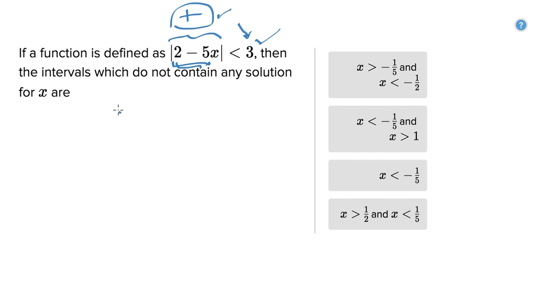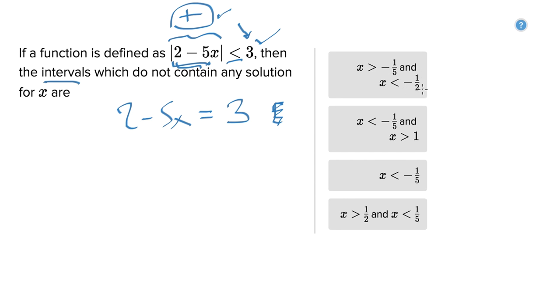So we can think of 2 minus 5x equaling 3 and negative 3 as us finding the parameters of where x can actually exist. That way we know what the interval of x is. So if it did evaluate to a positive 3, which it can't, x would have to equal a specific number.